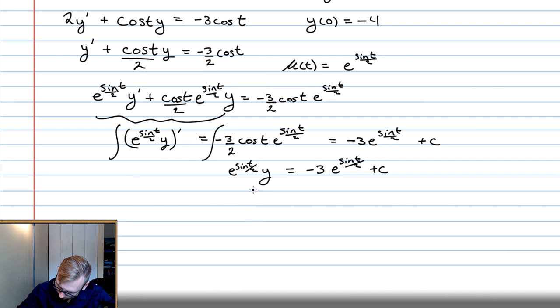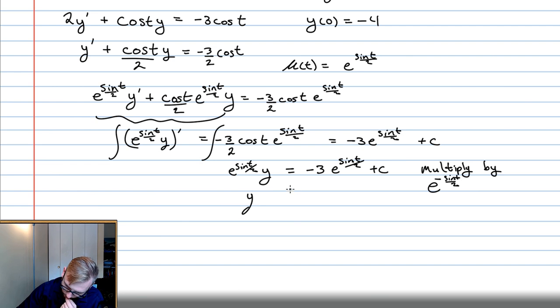And then we'll multiply the whole equation by e to the negative sine t over 2 so that the exponents cancel out and we're just left with y on the left hand side. So multiply by e to the negative sine t over 2.